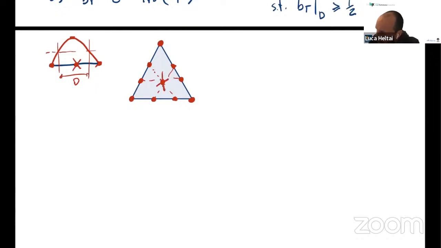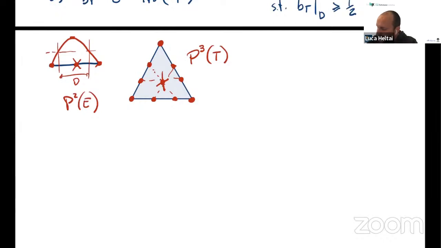And we consider cubic functions. So this is in P3 of a triangle, while this is P2 of the segment in 1D. Let me call it E, edge or segment. This is P3 of T, this is P2 of E.